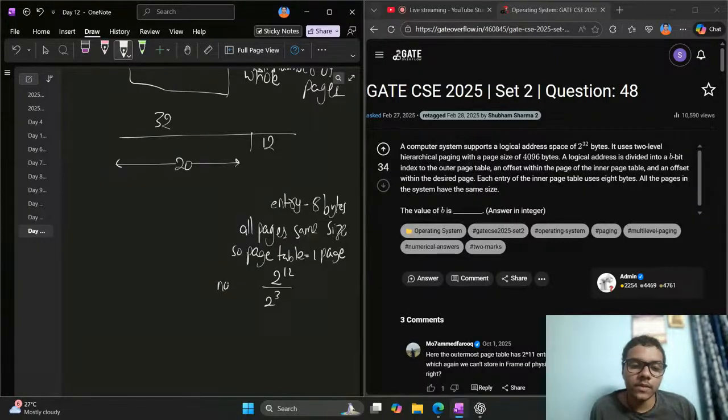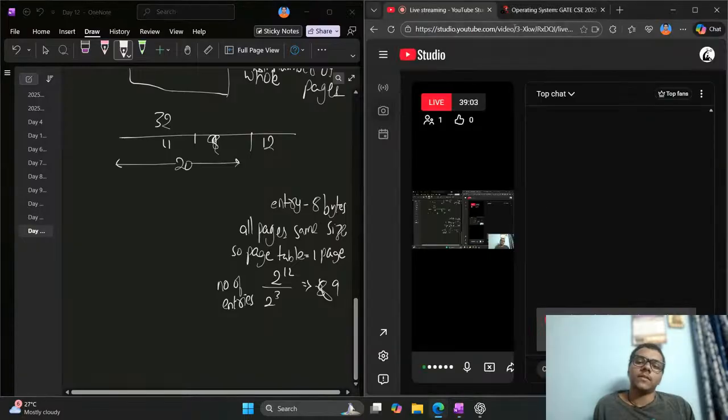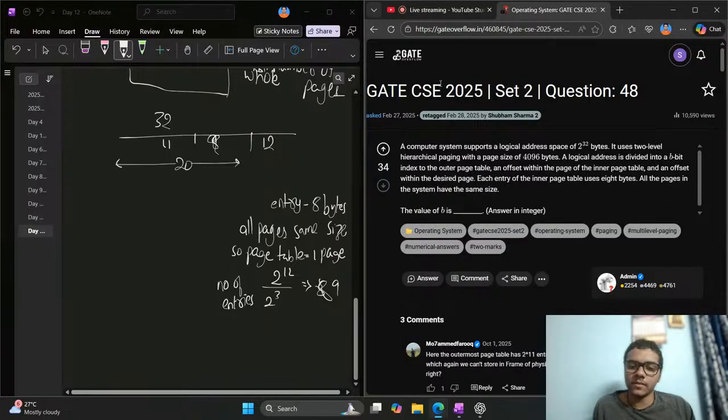So the number of entries is 2 power 9. So 9 bits for the inner address and 11 bits for the outer. That is good.